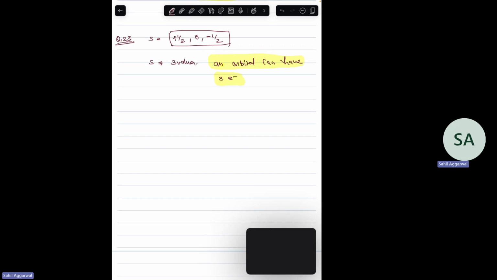So on that basis, if we talk about first period, will have only two vertical columns.